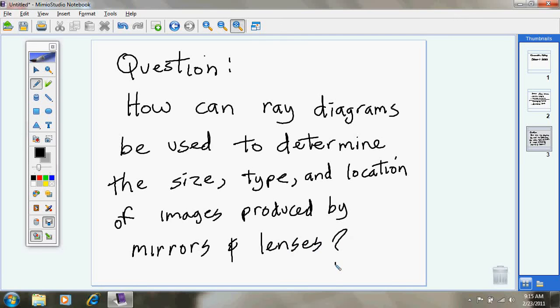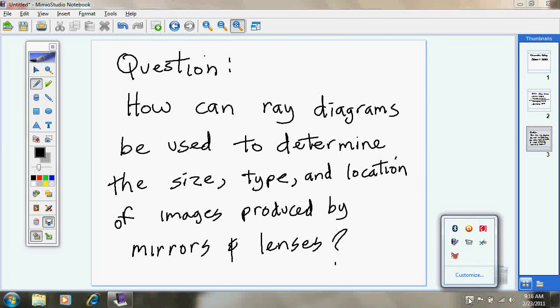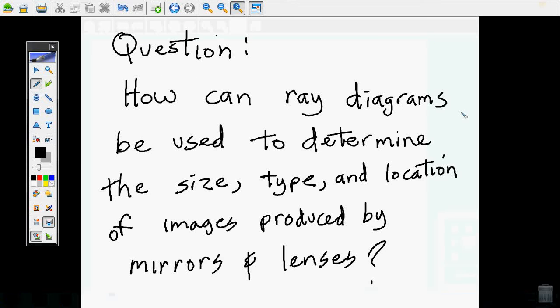How can ray diagrams be used to determine the size, type, and location of images produced by mirrors and lenses? So we'll start by a quick review of plane mirrors.